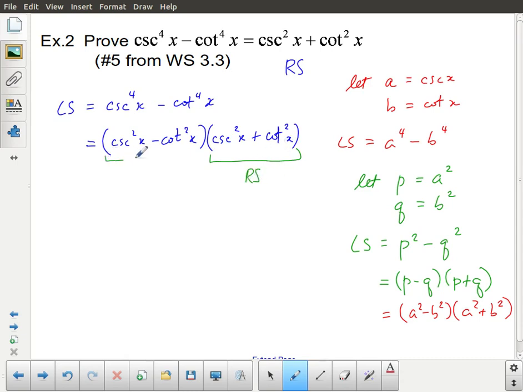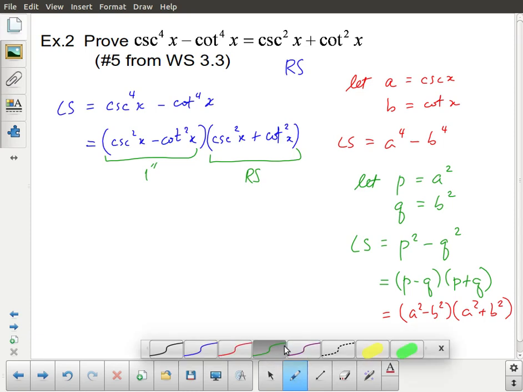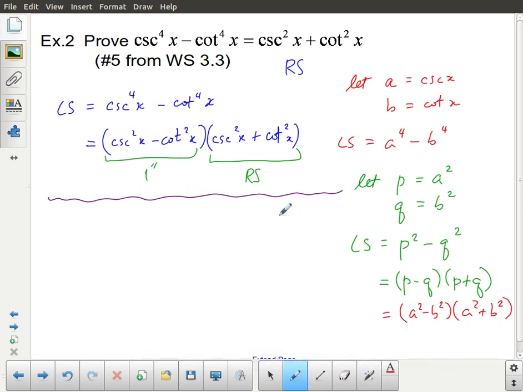So what do I need this thing to be? If I can show that this thing is equal to 1, then I would have the right side. Okay, can I show that that thing is equal to 1? Now I'm trying to fit everything onto this single page, so I'm going to just break this for a moment and remind you of one of our other identities.